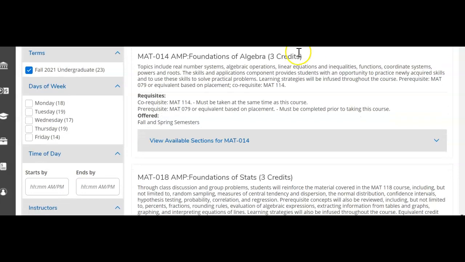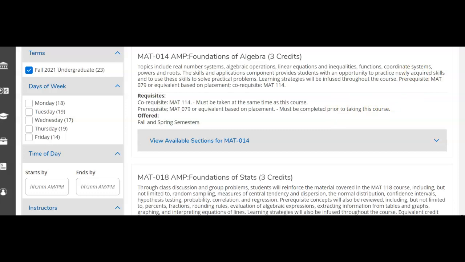Now, again, if you're taking Math 114 AMP, you've got to take Math 014 AMP. It says a co-requisite, Math 114 must be taken at the same time as this course. Okay, it explains it there, but you have to be careful. So that's what the AMP sections are, Math 114 together with Math 014.